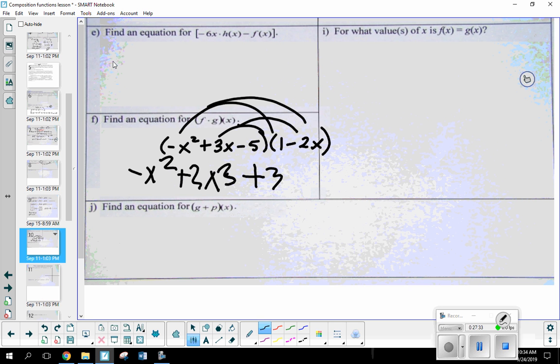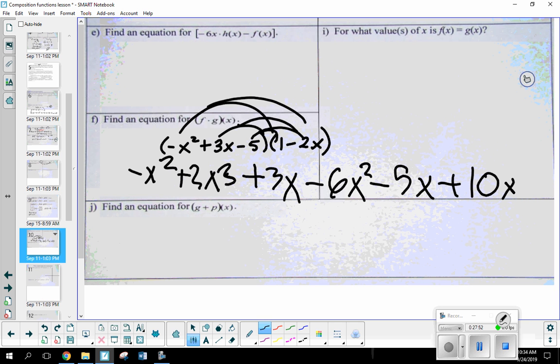There we go, x cubed. Plus 3x. Minus 6x. There we go. And now plus 10. Now we just need to combine our like terms.